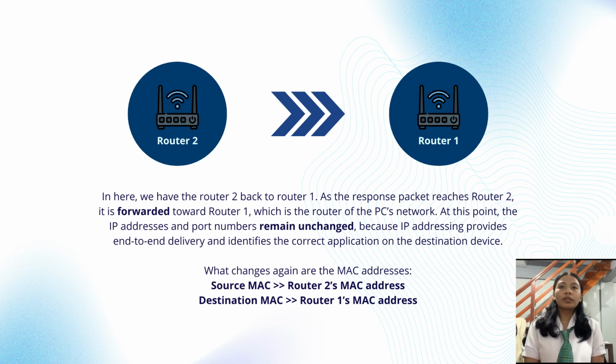At this point, the IP addresses and port numbers remain unchanged because the IP addressing provides end-to-end delivery and identifies the correct application on the destination device. So what changes again are the MAC addresses. The source MAC becomes router 2's MAC address and the destination MAC is set to router 1's MAC address since router 1 is the next hop.